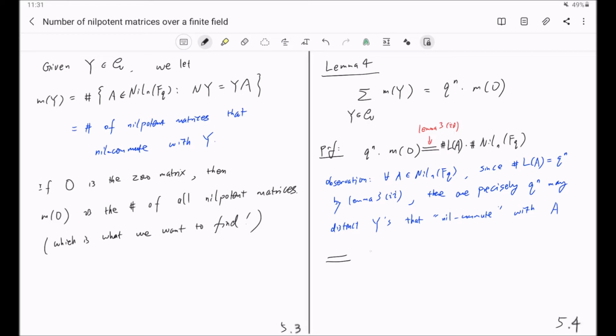The summation over A taken from the set of all nilpotent matrices, or for each A, you consider all y's in alpha A, meaning that y nil commutes with A. And the summands are all ones.